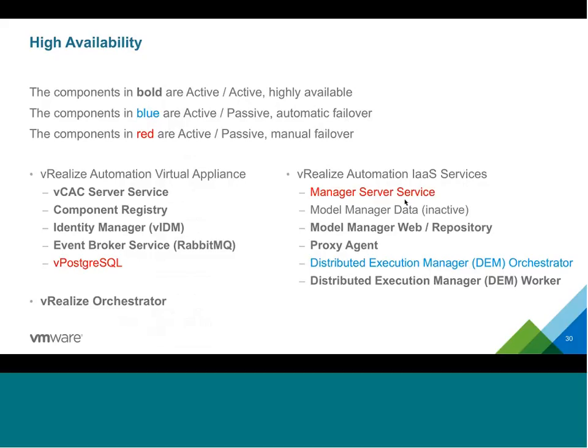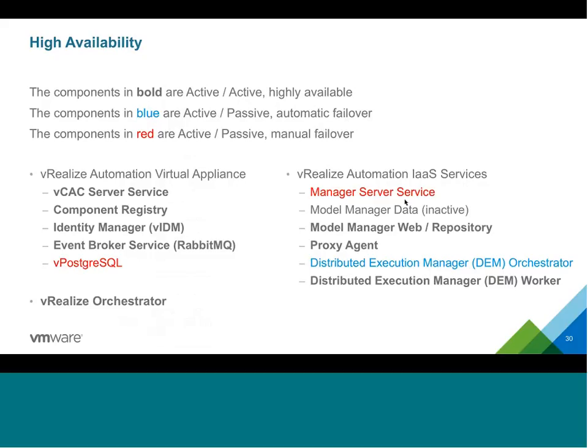And under IaaS services, you have the manager server service, which is again active-passive and needs a manual failover. Model manager data, typically if it's inactive, then fine. Model manager web or repository is the main one, it's active. Proxy agent is active.